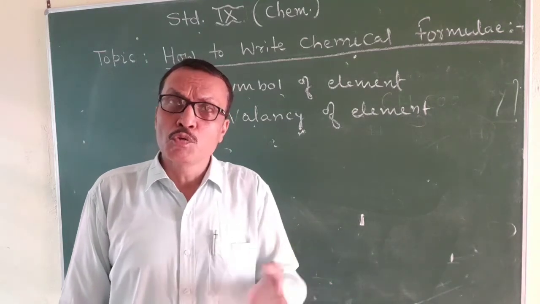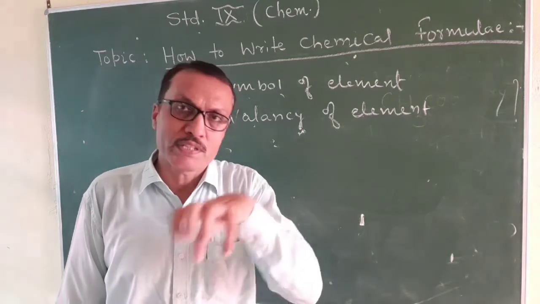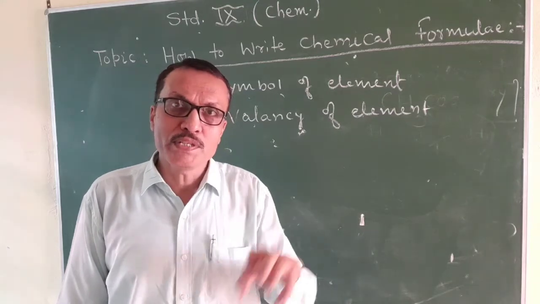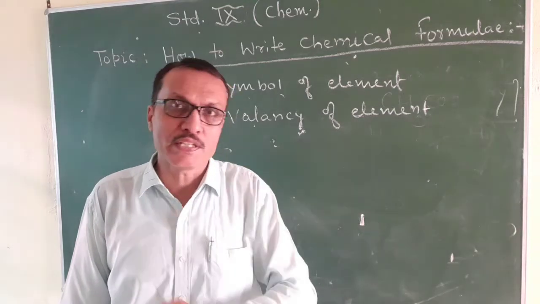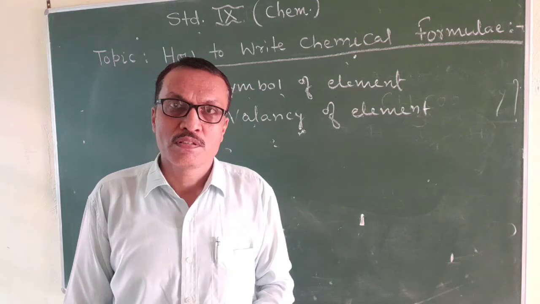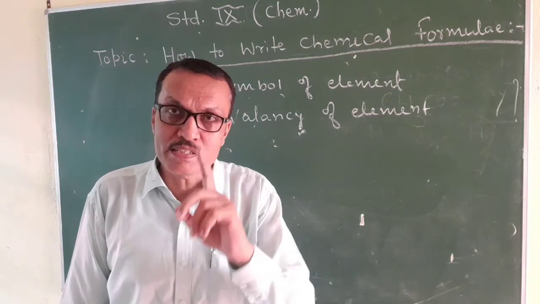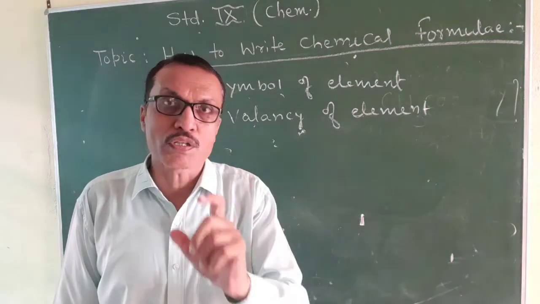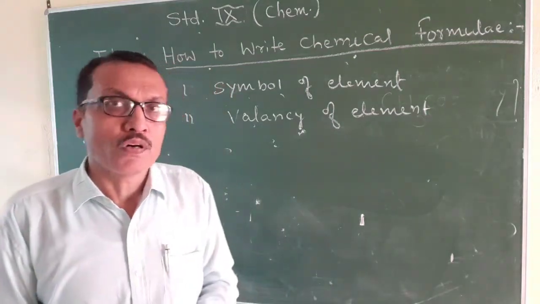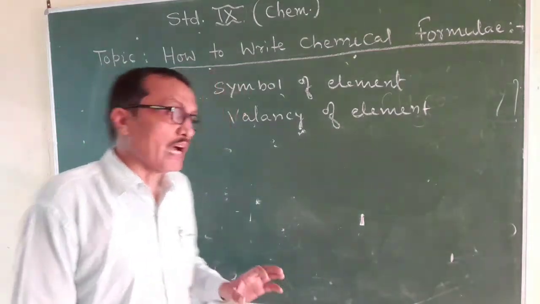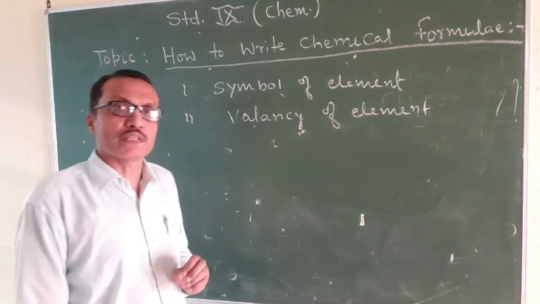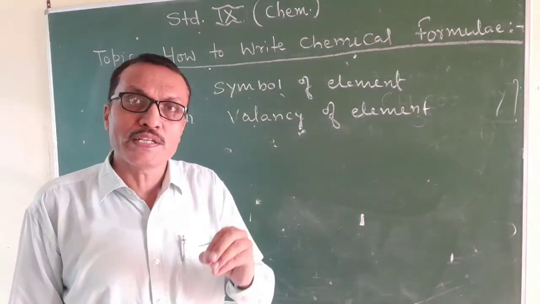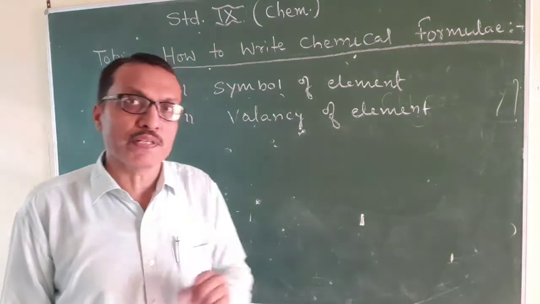To find the valency of elements from atomic number 1 to 20, it is necessary for you to memorize the atomic numbers. And with the help of the atomic number, you can find out the valency of an element.